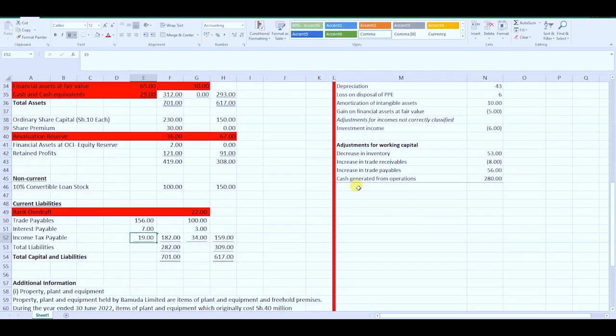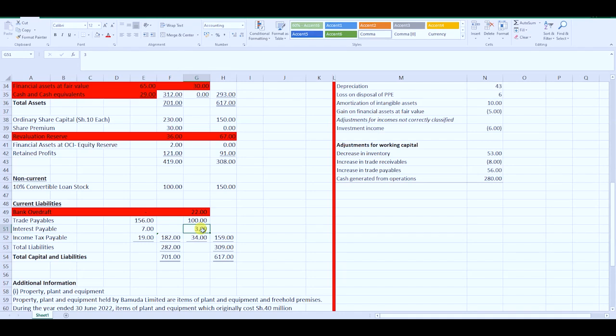So now we move ahead and analyze interest. We can see the interest has been given to us over here of 3. How do we calculate the final interest value, the interest paid?